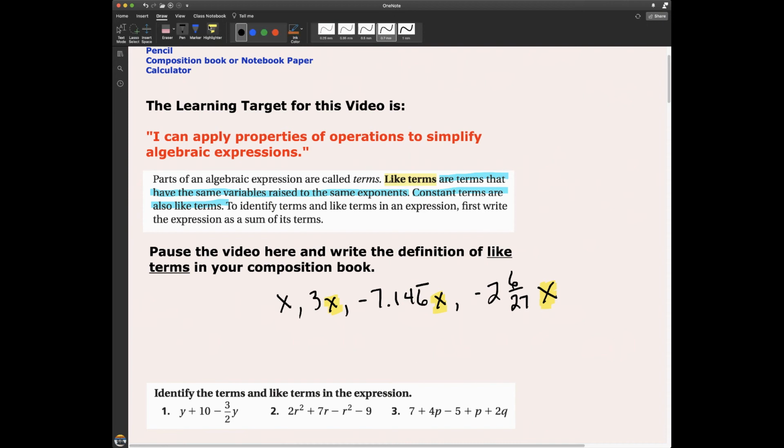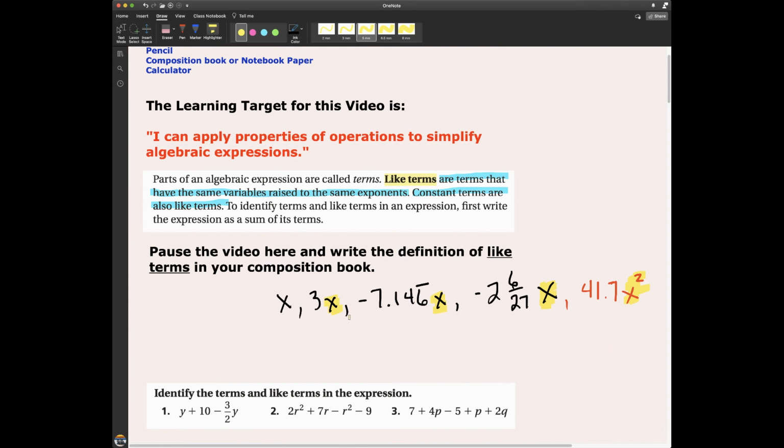Let me add a term here to this list that's not a like term. 41.7 x squared. Okay, this is not a like term. Why? Because the variable here is raised to the second power.